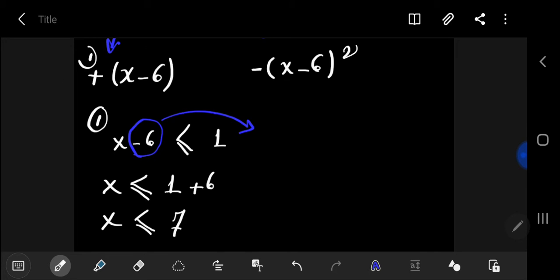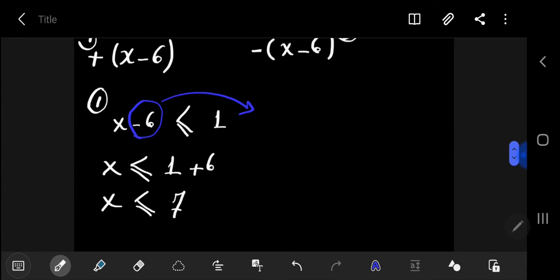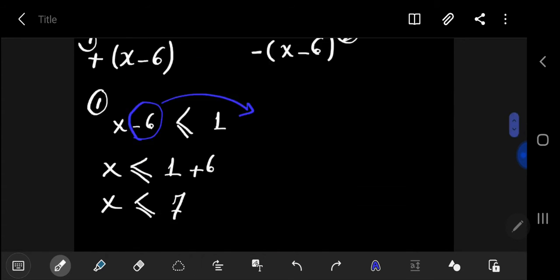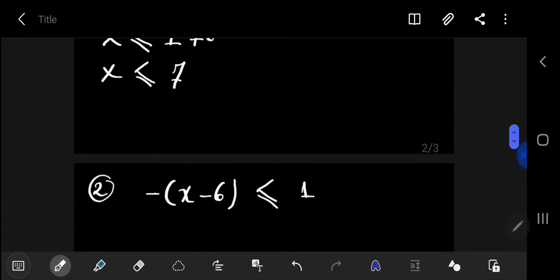The second one is the negative method. Take minus of the absolute value: minus (x minus 6) smaller than or equal to 1.